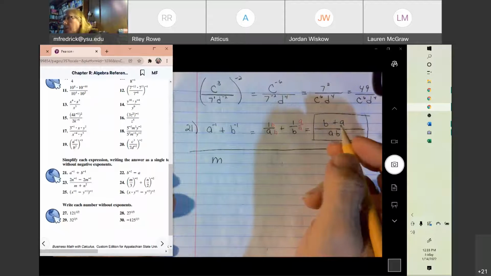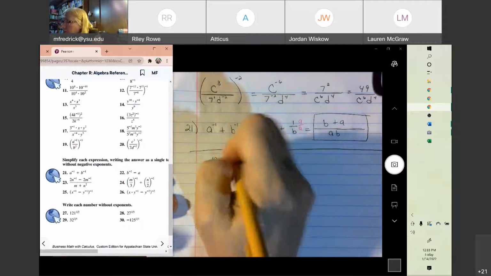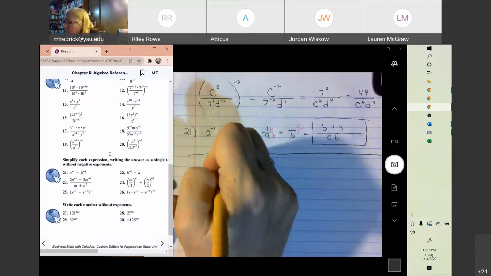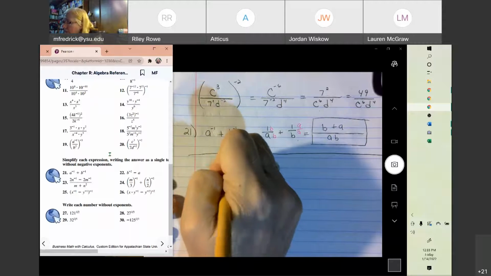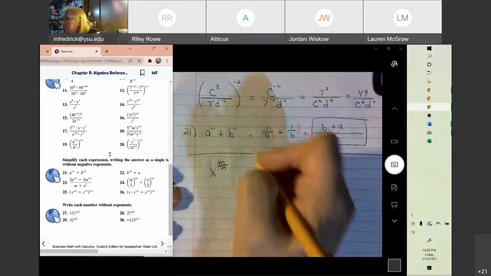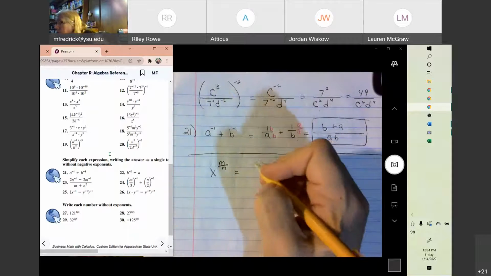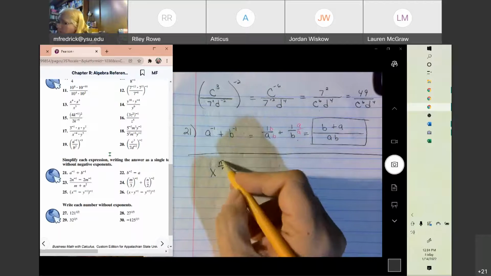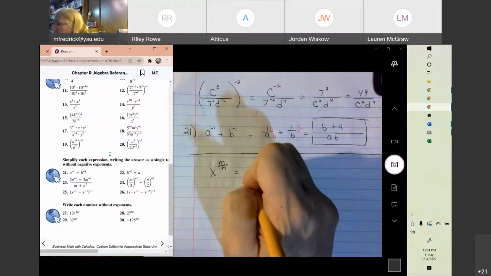One more formula. I keep putting M there instead of X. It is a fractional exponent. So if we have M over N, you can rewrite it two ways.